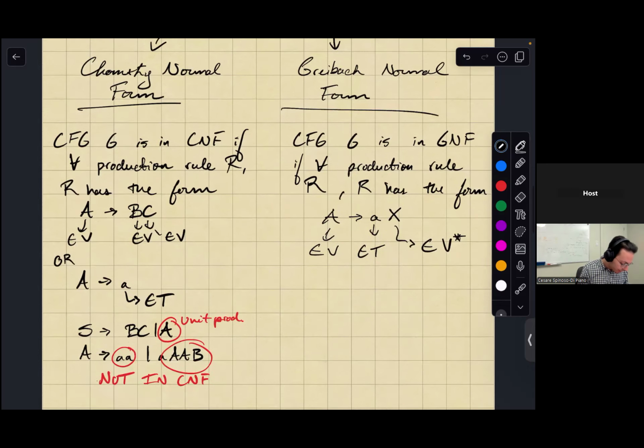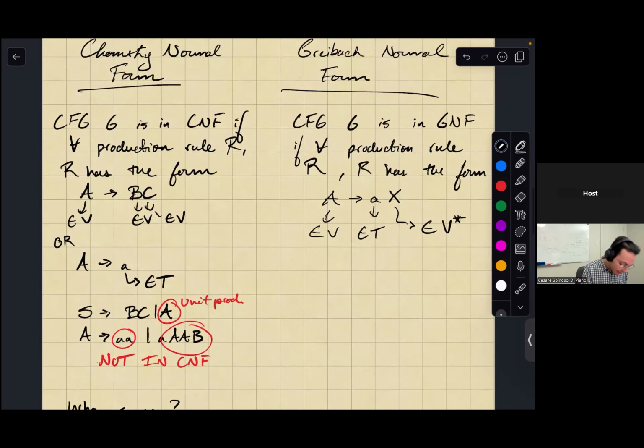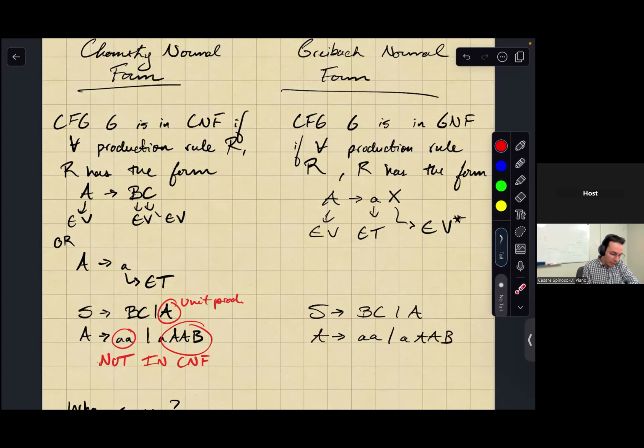So for instance, if I have the grammar, so this grammar, which I looked at for CNF. If I look at this grammar, the same one as here, this is also not in GNF, but it's for different reasons than for why it's not in CNF, right? Because actually these two rules do satisfy the GNF form.